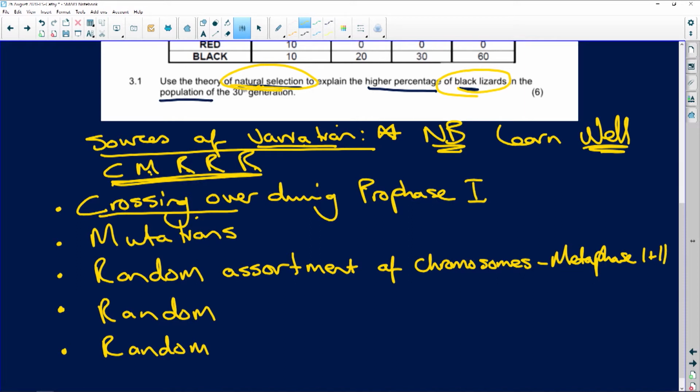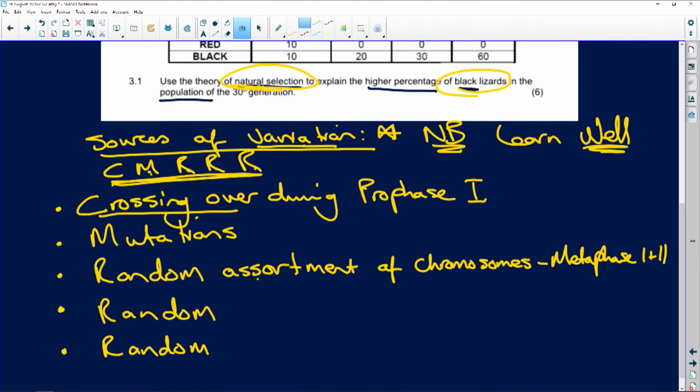It's when those chromosomes align at the equator and you don't know which chromosome is going to go to which pole. During metaphase 1, you've got your double row of chromosomes, and in metaphase 2, you've got your single chromosomes, and they're going to pull apart. All right, your individual chromosomes.